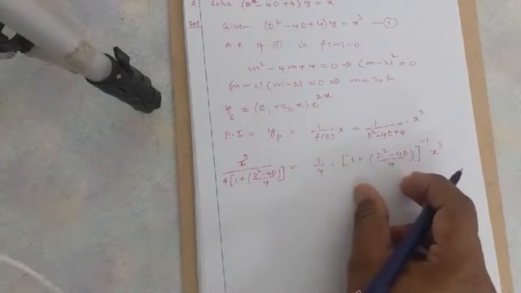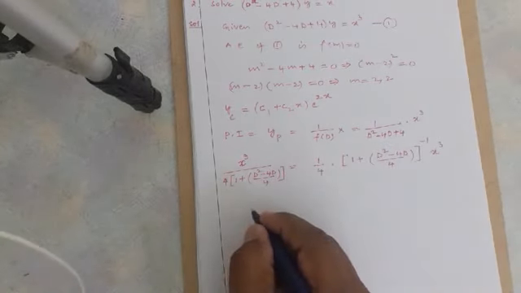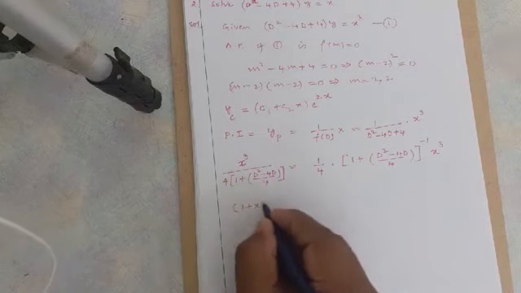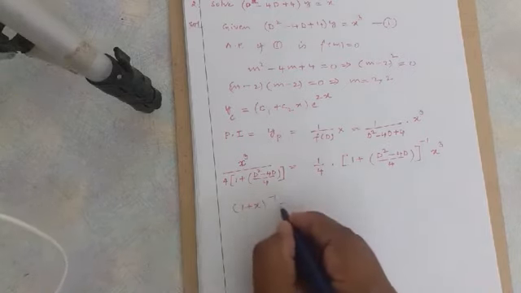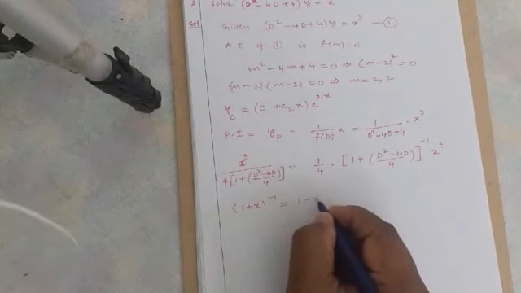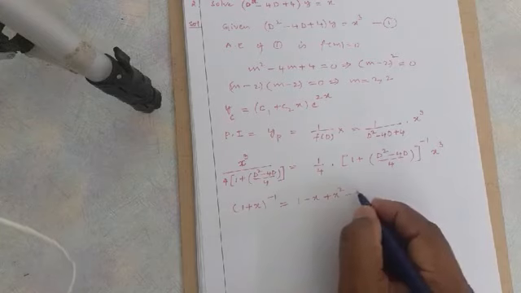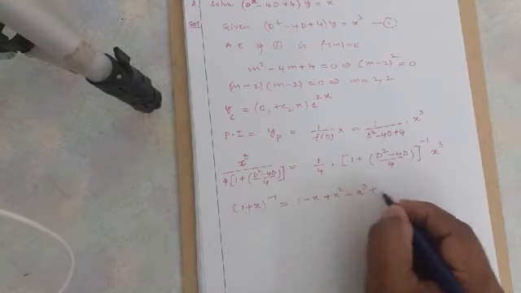Now this has become the expansion for 1 plus x whole power minus 1 again. Just now we have done the same expansion: 1 plus x whole power minus 1 is nothing but 1 minus x plus x square minus x cube plus and so on.